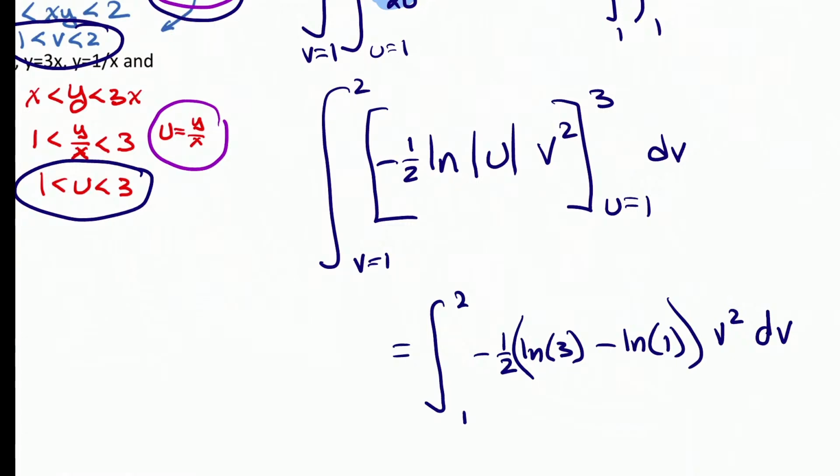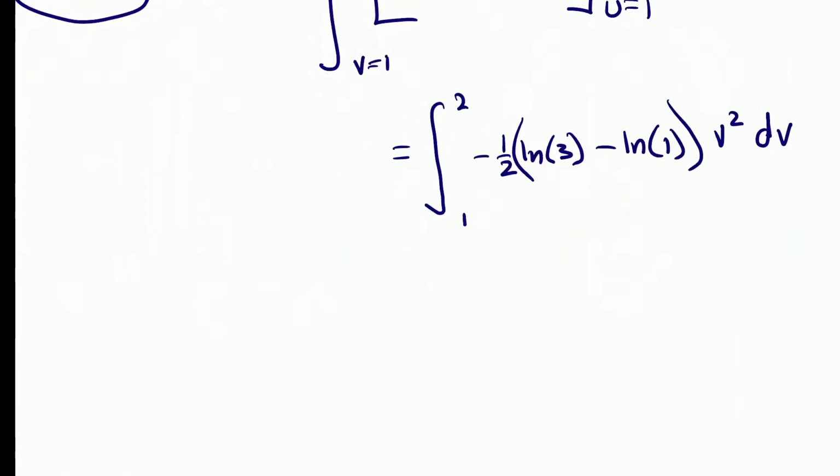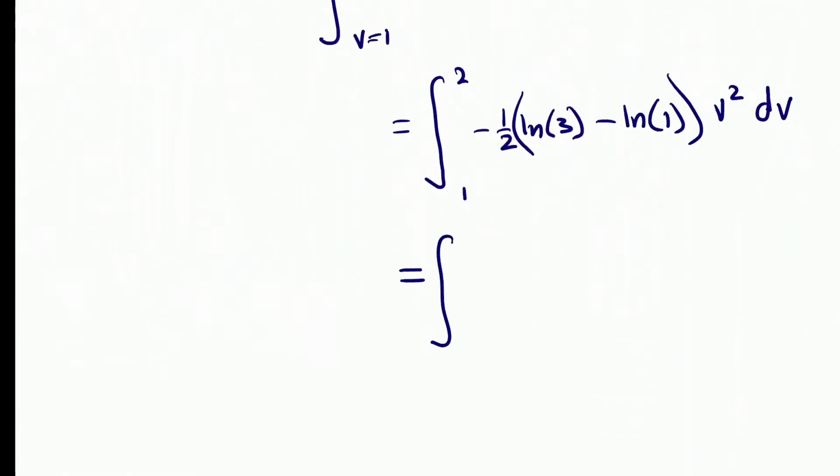So you can just plug it in right there. And we all know the natural log of 1, don't we? What's the natural log of 1? It's 0, yeah. And if you didn't know, you have calculators, you can use them. Might as well simplify this even further. So almost done. 1 to 2 of negative 1/2 ln of 3 times v squared dv.